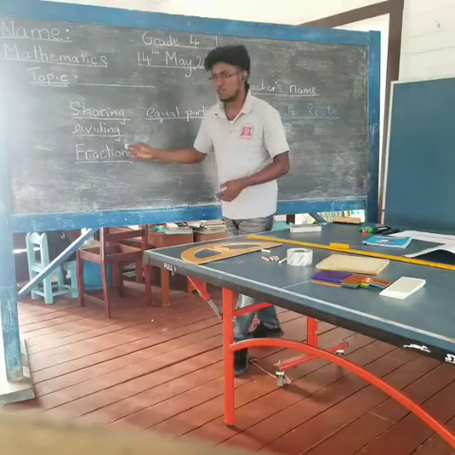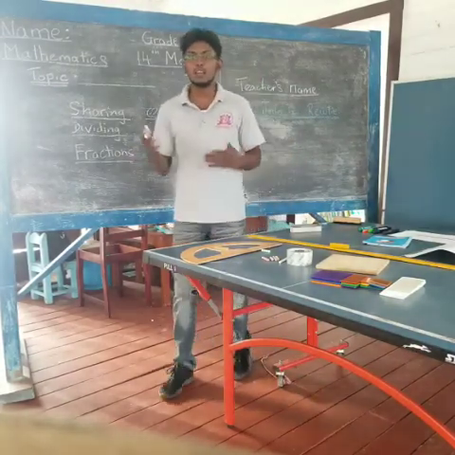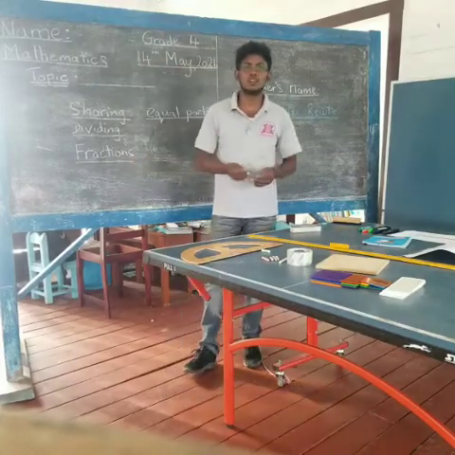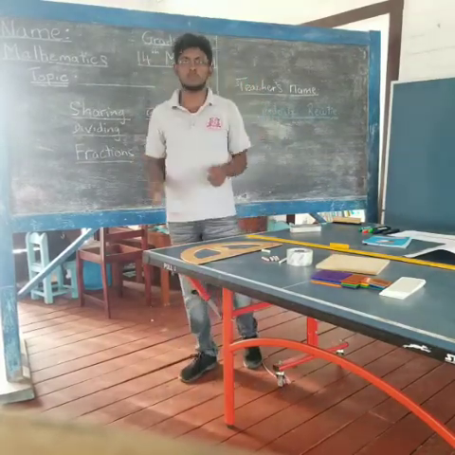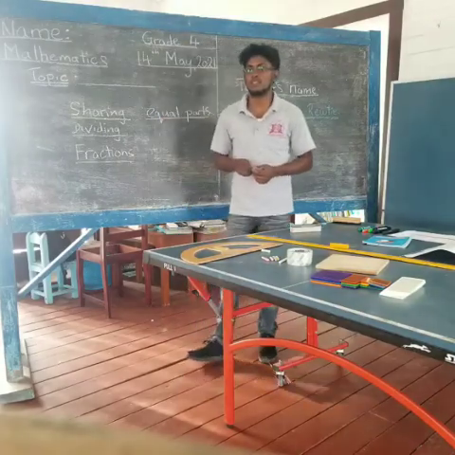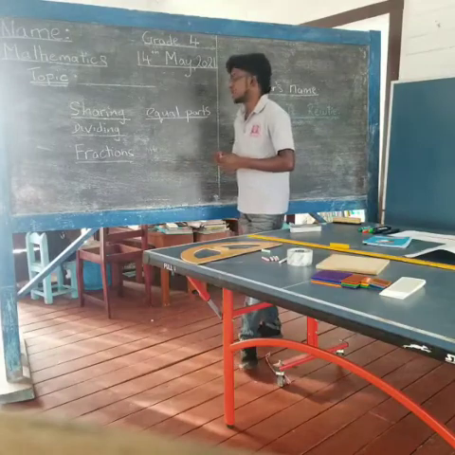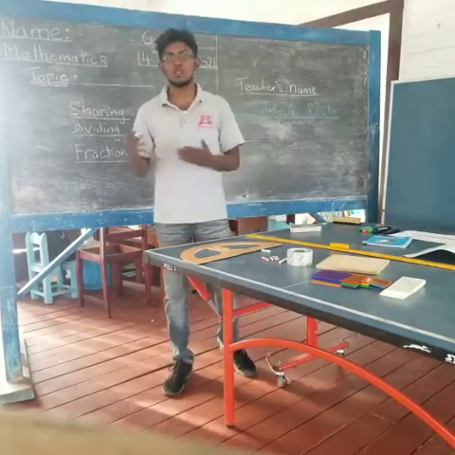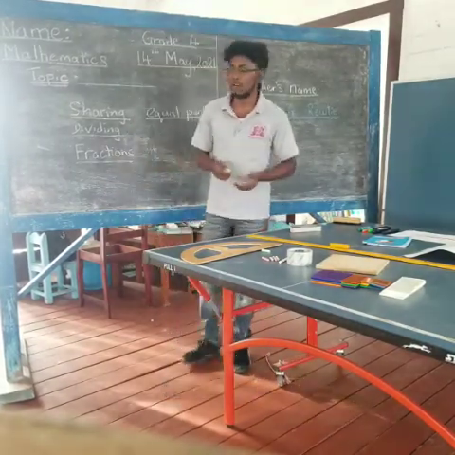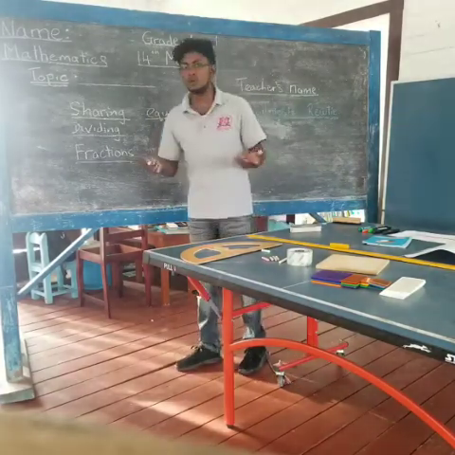Equal parts. We'll get the fractions. Equal parts. Okay. So equal parts. Someone could tell me what you understand about equal parts. Yes? Sing. Okay, sing is saying equal parts is giving someone same amount of what they have. Okay. Yes, that's true.